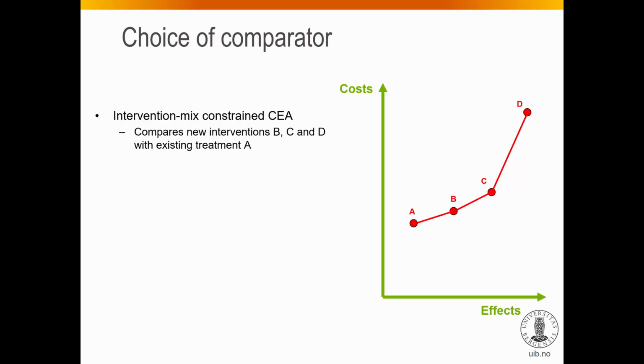So in this case, the choice between A, B, C, and D will depend on our willingness to pay. They can all be relevant options. So the possible question we can ask using this analytical approach is, how should we use an extra unit of money?